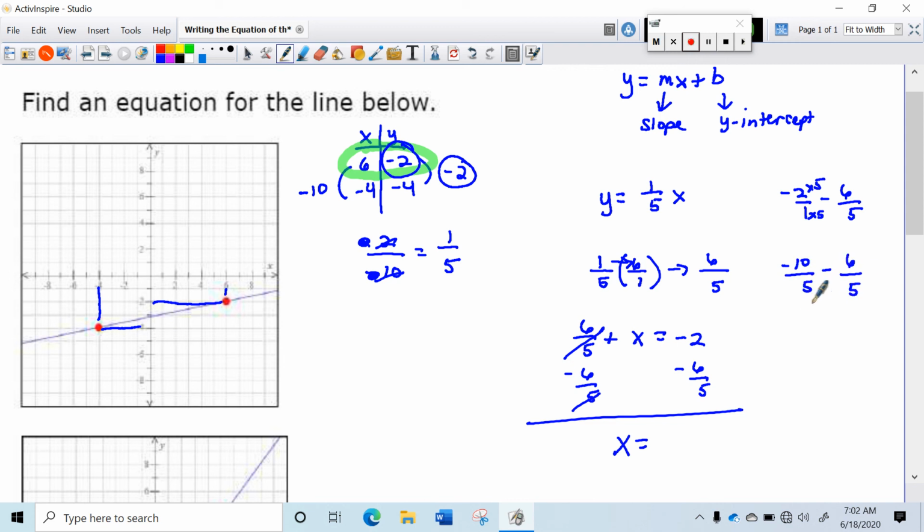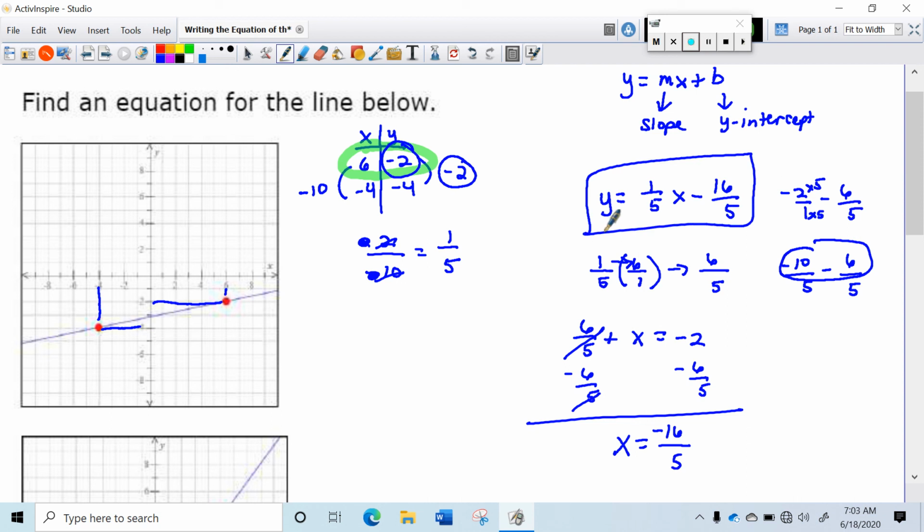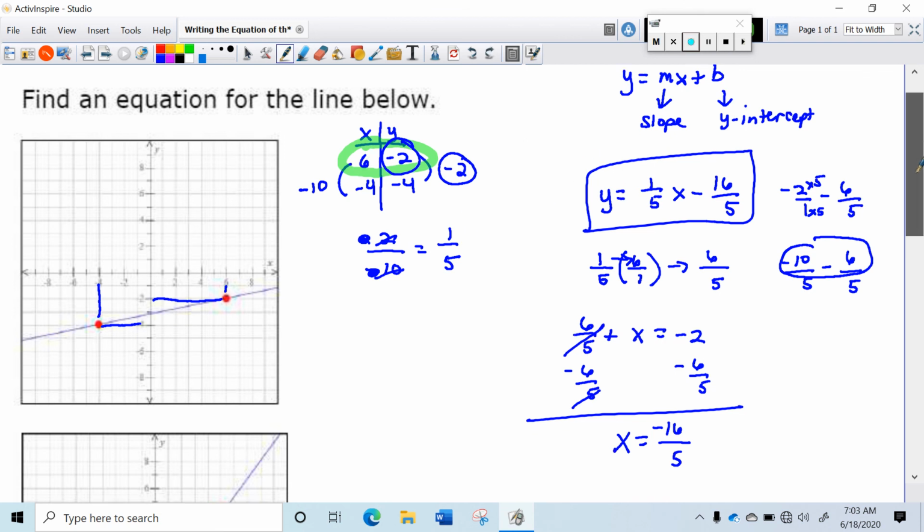When you have common denominators, you keep the denominator and deal with the numerators. A -10 and another -6 is a total of -16. So that's my y-intercept, -16/5. So when they give you 2 points, put them into a table to find the slope. Use the slope and 1 point to find the y-intercept.